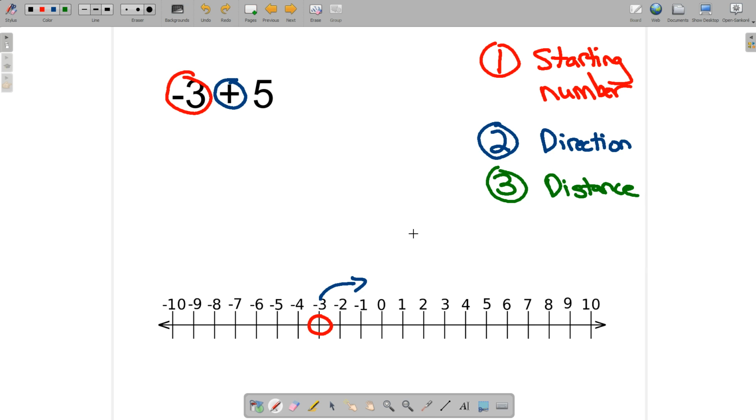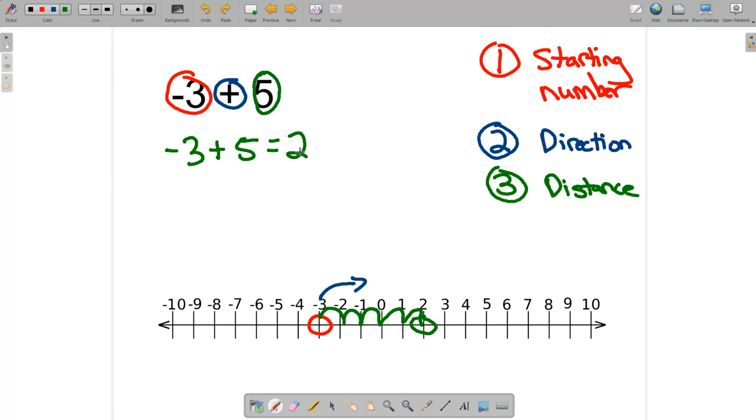The distance that we cover is always determined by the second number of the problem. So for -3 plus 5, we start at -3 and we move to the right 5. 1, 2, 3, 4, 5. Which means the answer to -3 plus 5 is +2.